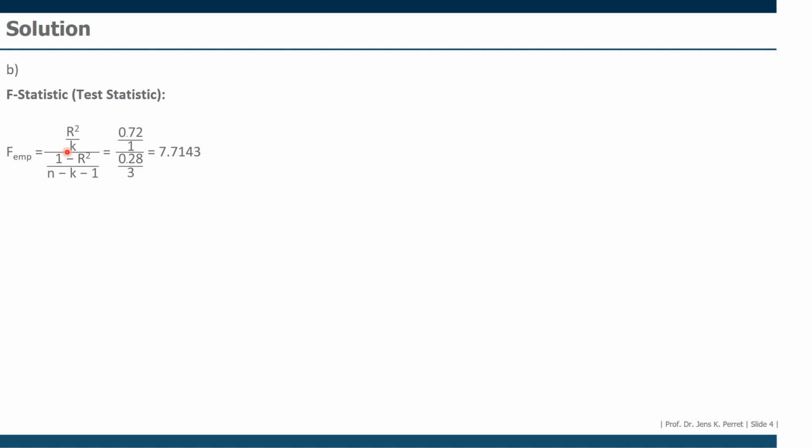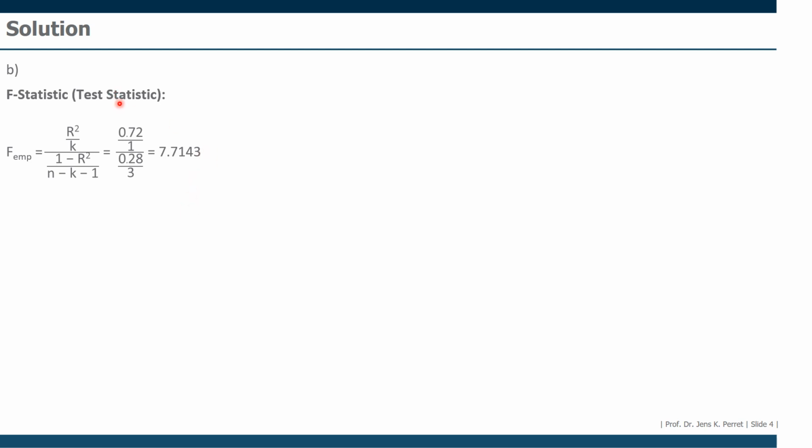Then we're going to divide this fraction by another fraction, where here we have 1 minus r squared, so that's 0.28, divided by n minus k minus 1. N is the number of observations, and here we had 5 observations, so we have 5 minus 1 minus 1, giving us 3. Then we're going to divide these 2 fractions, giving us a test statistic of 7.7143.